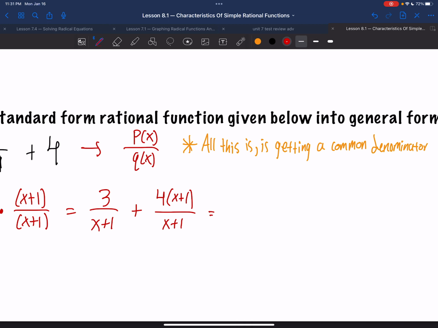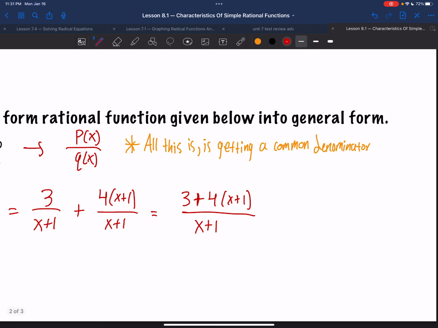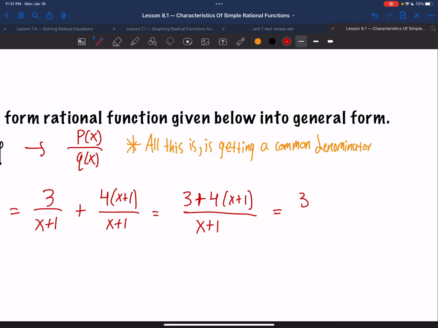So you can add this, right? Because now they have a common denominator: 3 plus 4 times x plus 1, over x plus 1. And we'll distribute that: 3 plus 4x plus 4 over x plus 1. Finalizing this, 3 plus 4 is 7, so this is 4x plus 7 over x plus 1.